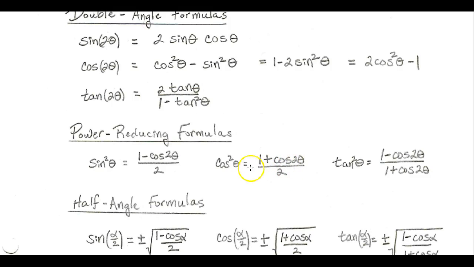Same with cosine squared theta, that's 1 plus cosine 2 theta over 2. Again, if you work with cosine of 2 theta and then work with this, you get the identity for cosine squared theta. And tangent squared of theta, you can think of that as sine squared theta over cosine squared theta, and that's where this comes from: 1 minus cosine 2 theta over 1 plus cosine 2 theta.